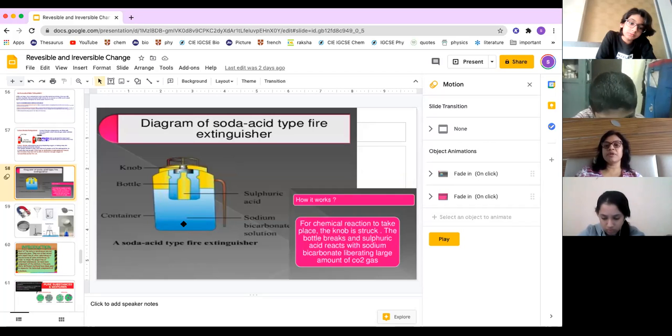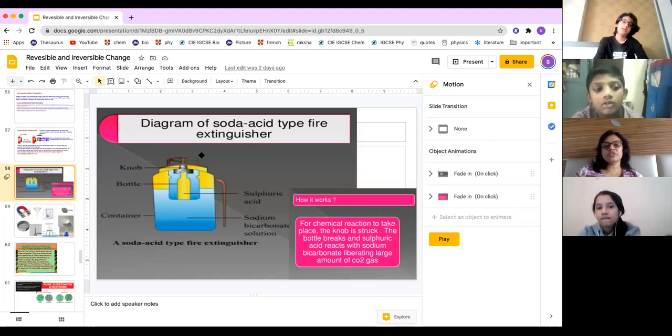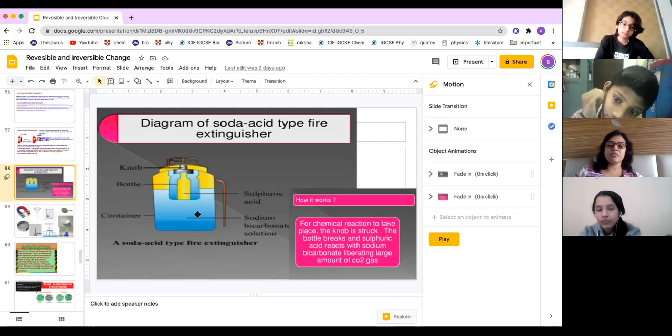Now, when there is a fire somewhere, you just turn this knob on the top. When you turn this knob, this glass bottle breaks down. When this breaks, the sulfuric acid gets mixed up with sodium bicarbonate, and carbon dioxide gas is produced, which is sprayed on the fire.